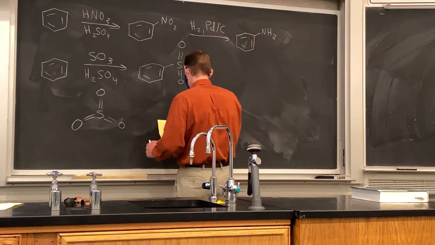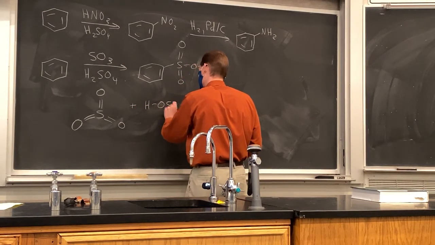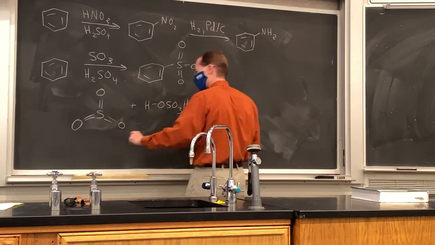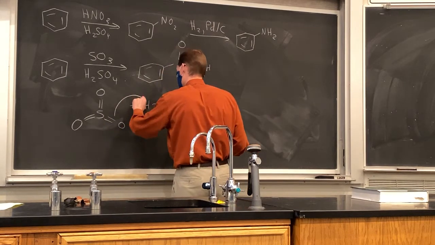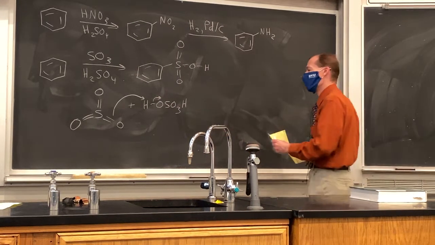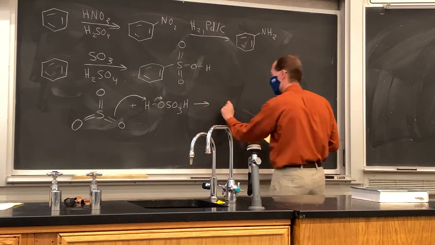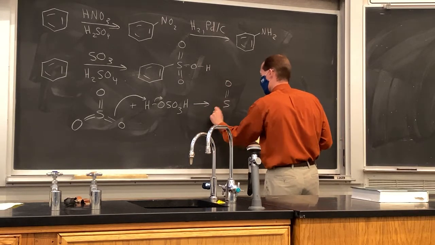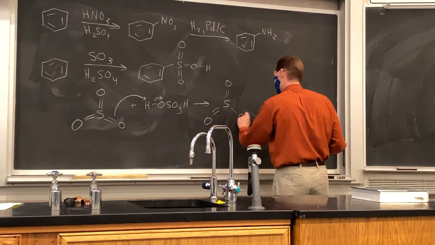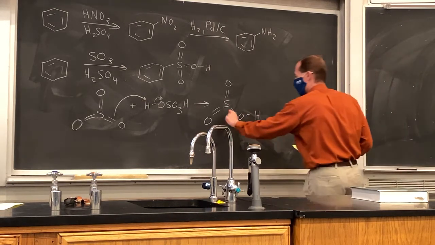If we react sulfur trioxide with sulfuric acid, we can use electrons in one of our sulfur oxygen double bonds to pick up a proton. Then we have a species looking like this.